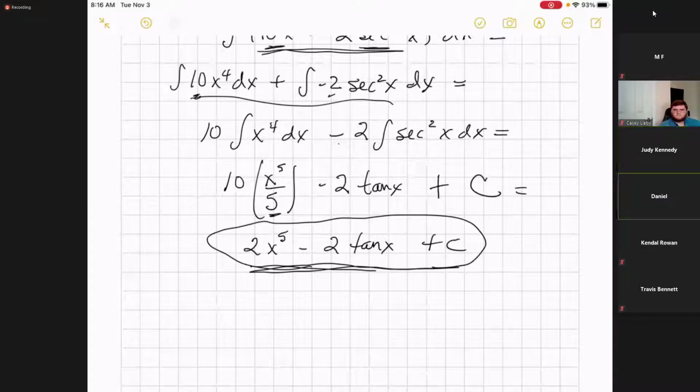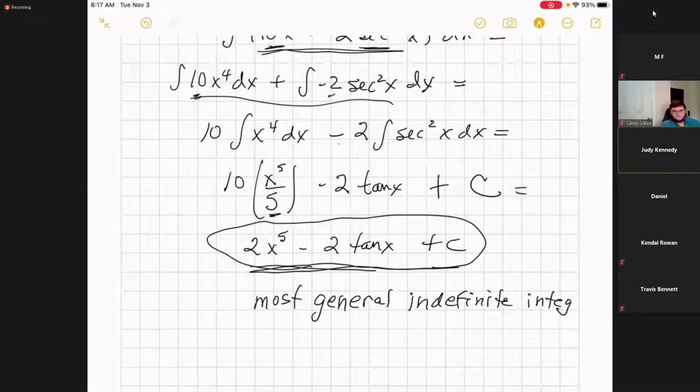Dr. Kendi, did you say that this was the antiderivative of that, or what did you say? Yeah. Okay, I'll write both of them. This is the most general indefinite integral of 10x to the fourth minus 2 secant squared x.